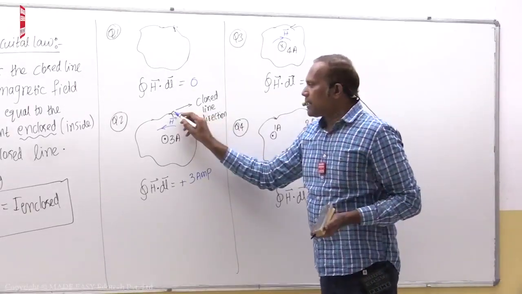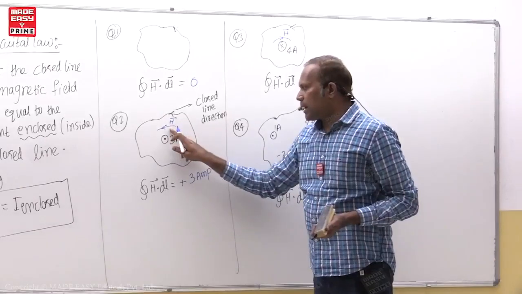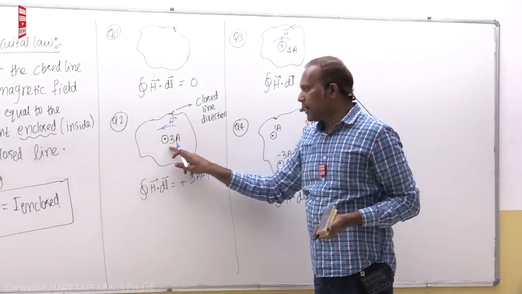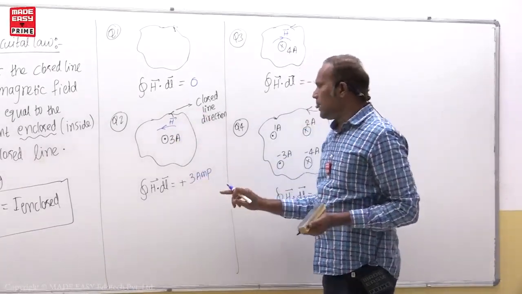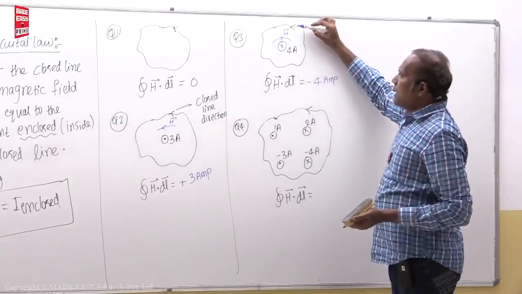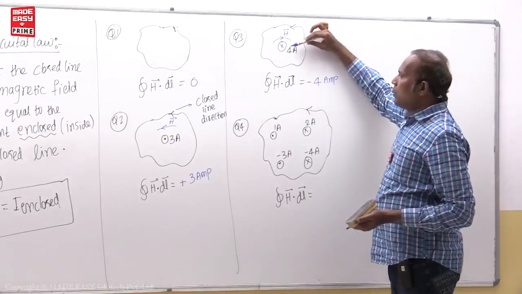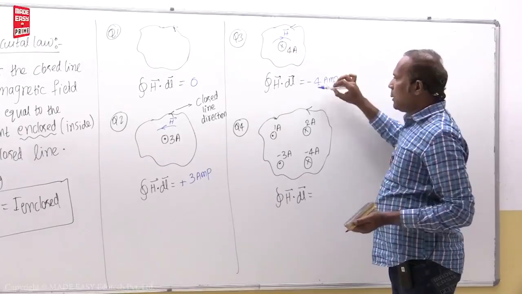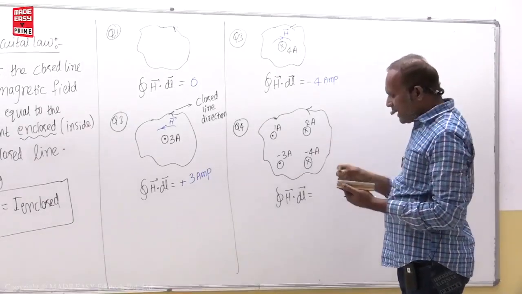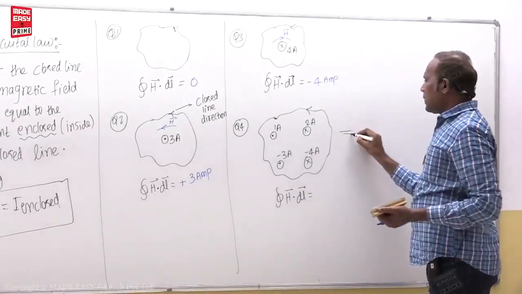If the closed line calculation direction and the H bar direction generated due to this current are in the same direction, you put plus sign. If the closed line integral direction and the H bar generated due to this current are in opposite direction, then put minus. Then here what to do? You redraw this diagram.